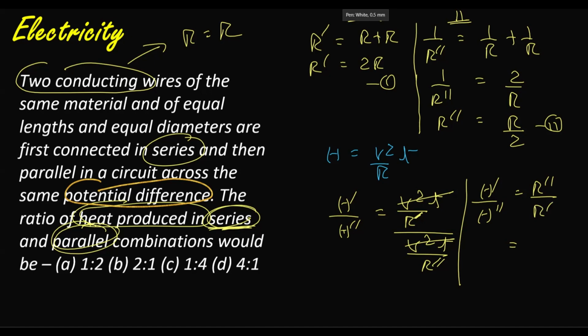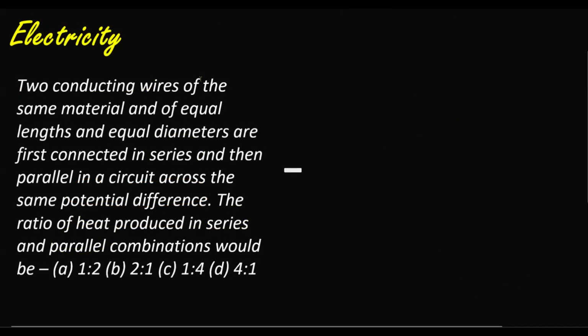Now if I replace this value, R double dash is R over 2, and divided by R dash, which is 2R, is the same as multiplying with the reciprocal, so 1 over 2R. R gets cancelled. So 1 over 4, that is 1:4 should be the answer for this part.